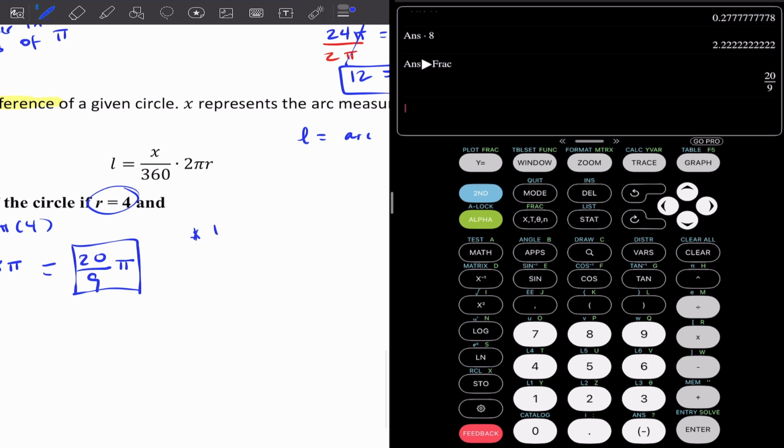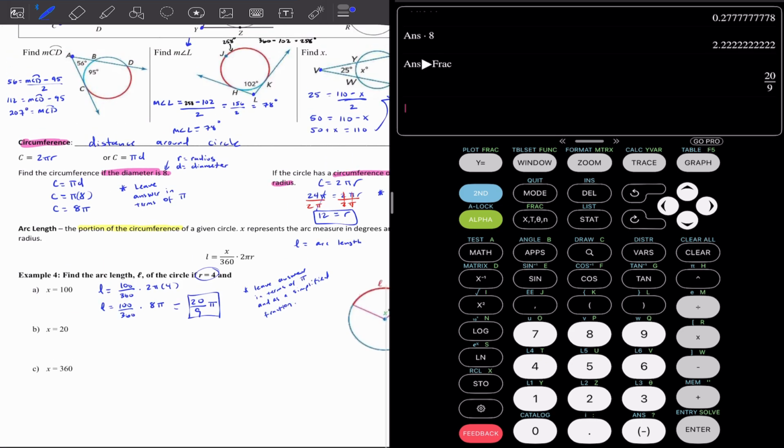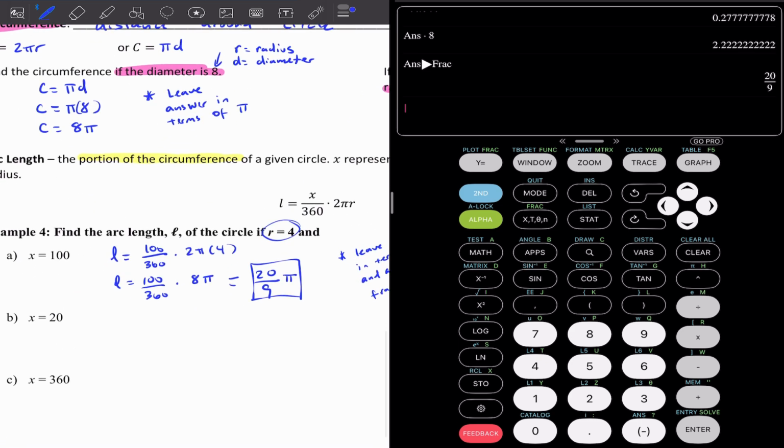Leave answer in terms of pi and as a simplified fraction.